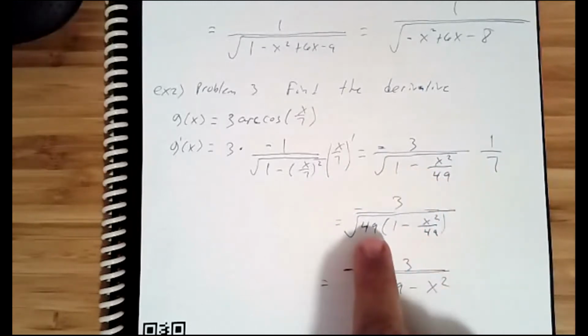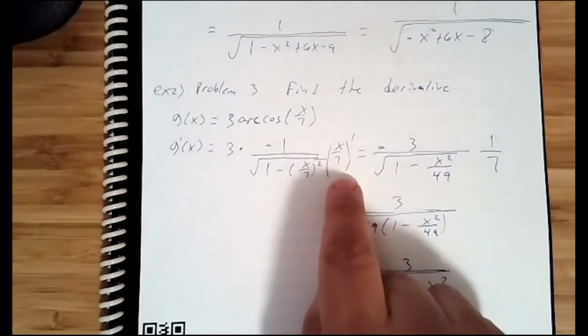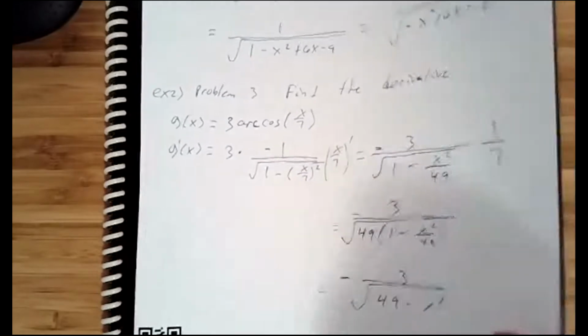So this is the 7. And that 7 came from the derivative of x over 7, which is 1/7, right? So over here, oh no, this one didn't have anything. This one was fine.